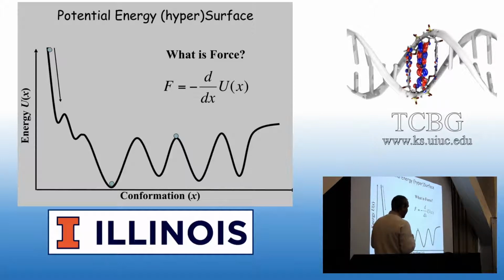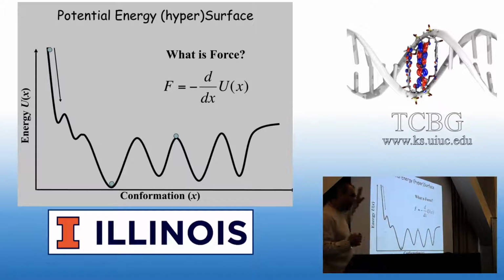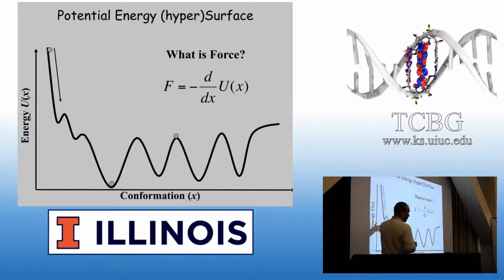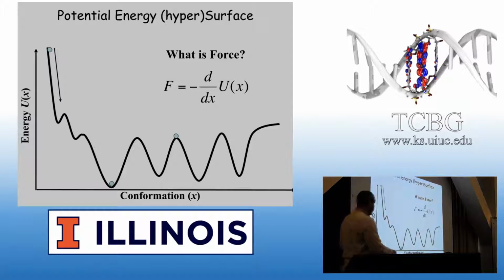So really, the definition of an equilibrium state: oftentimes people ask, when do we reach equilibrium? I don't know. It depends on what you're simulating and what observable you want to look at. If you are looking at the open-closed transition between these two states, you have to run your simulation long enough to go back and forth between these two many, many times.